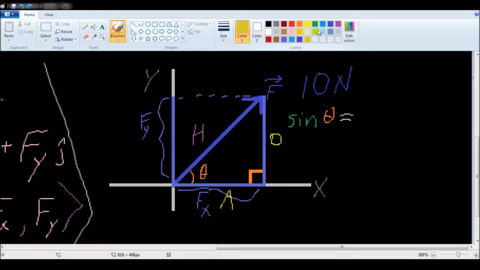So we know that sine of theta is equal to the length of the opposite side, which we know is Fy, over the length of the hypotenuse. Like I said, the opposite side is Fy, so I'll write that in here.